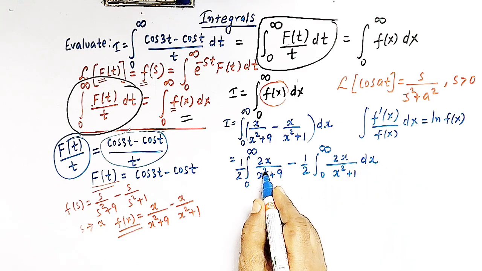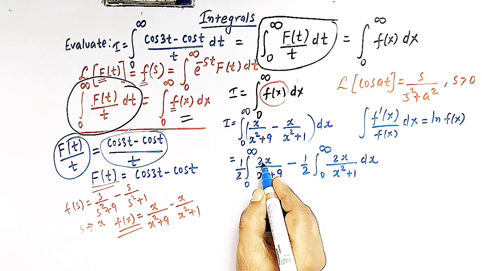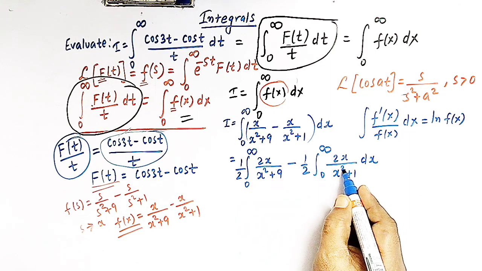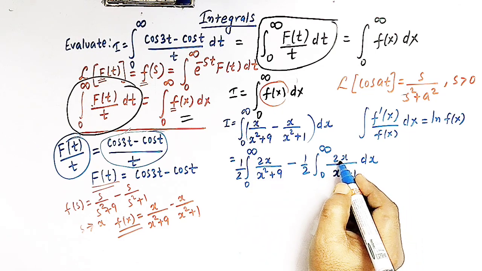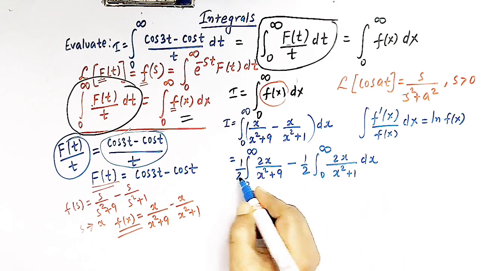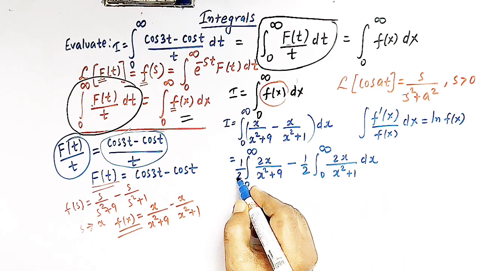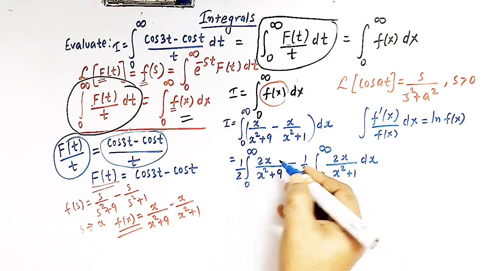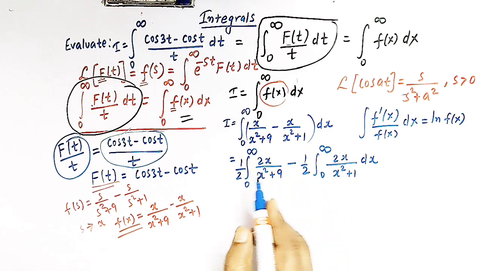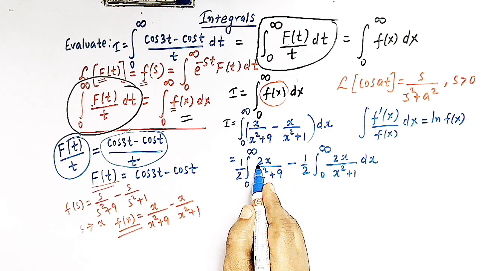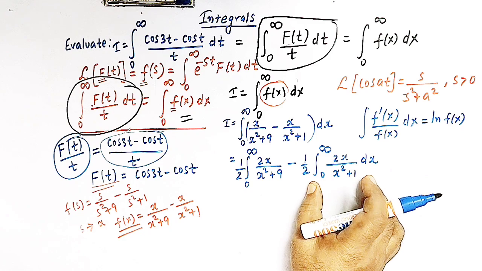Now the derivative of x square plus 9 is 2x, and the derivative of x square plus 1 is 2x. So that's why we have divided and multiplied this integrand by 2, right? And similar is the case with this one.